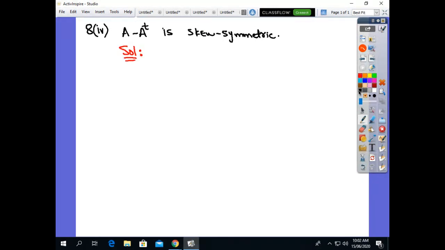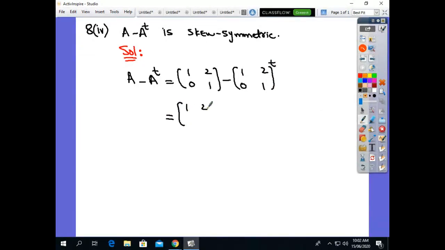First of all, we find A minus A transpose. What is A? A is [1, 2; 0, 1], minus [1, 2; 0, 1] whole transpose. Taking the transpose of the matrix A, it becomes [1, 0; 2, 1].